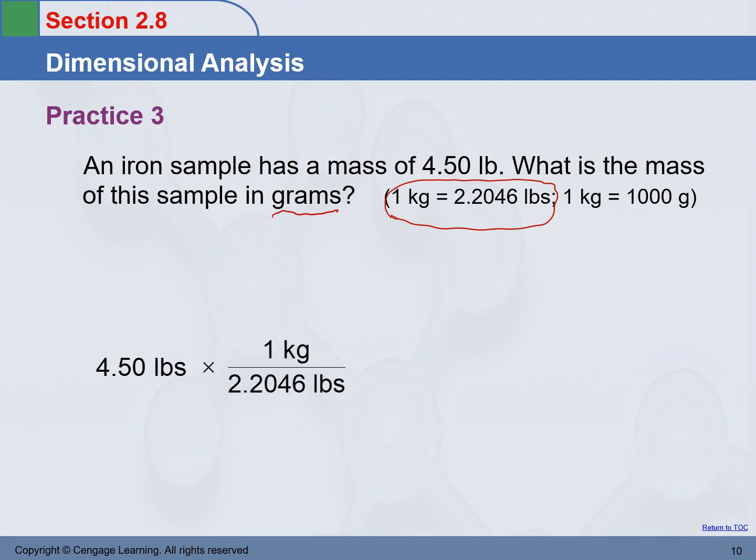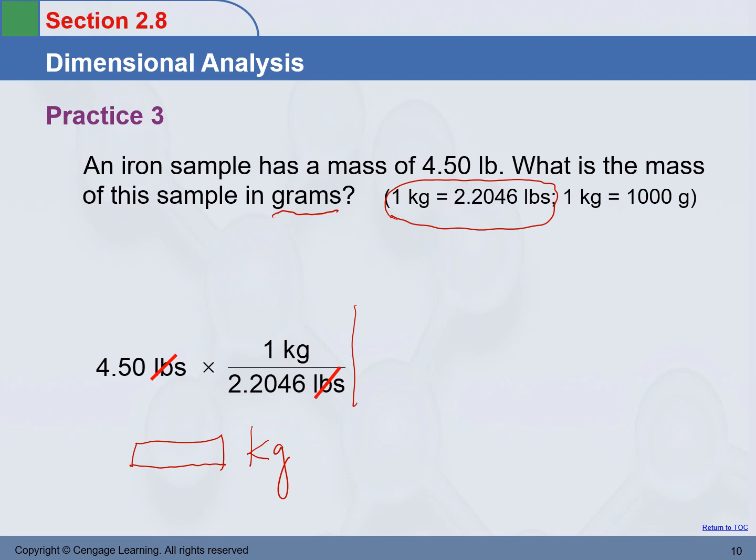By the end of here, we're going to end up with a number. I don't remember the number, but we're going to end up with a number whose unit is kilograms. That's what we did on the last slide.